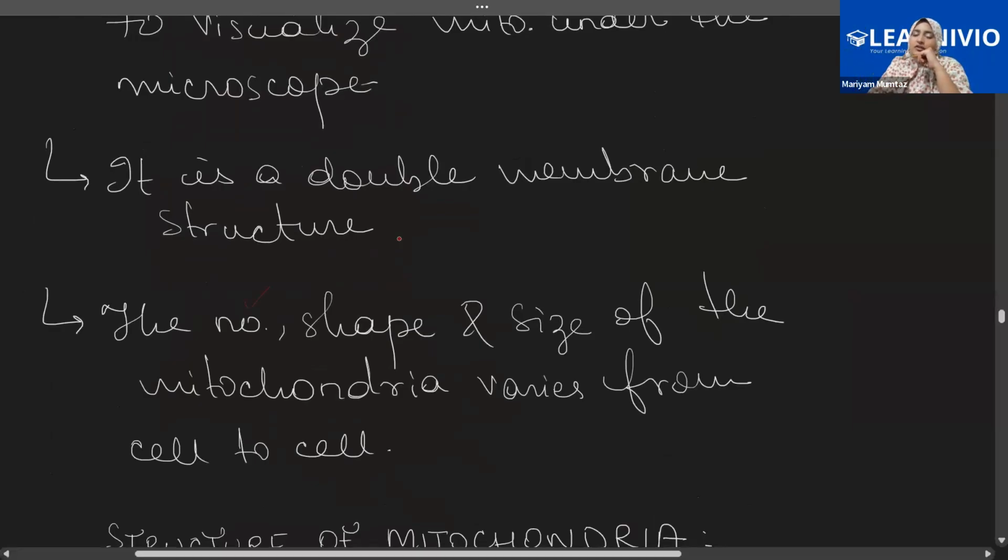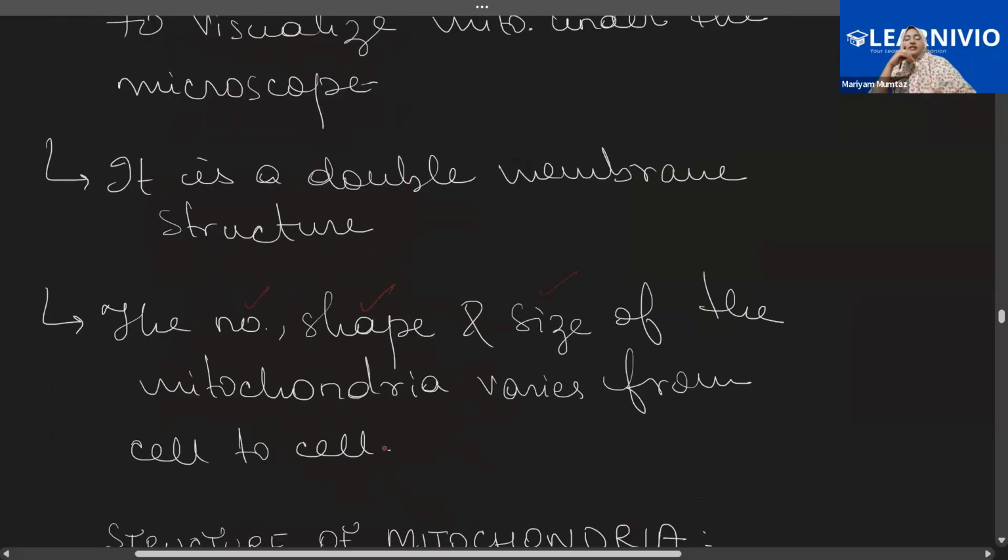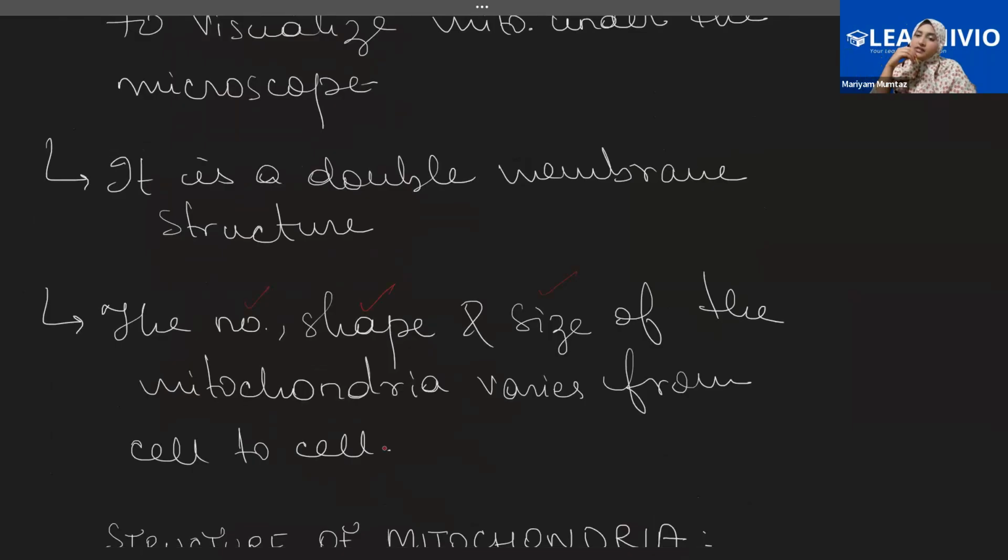Now, the number, the shape, and the size of the mitochondria vary from cell to cell. For example, if the cell is performing a lot of functions, the number of mitochondria will obviously be more in it, and the cell which is performing fewer functions will have fewer mitochondria.